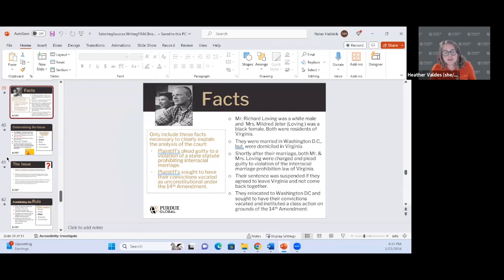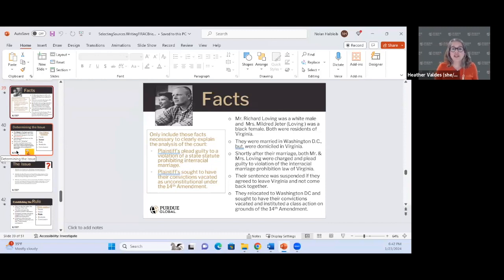They later appealed, got their sentence suspended, but only if they agreed to leave Virginia and not come back. They relocated to Washington and sought to have their convictions vacated. Then they instituted class actions on the grounds of the 14th Amendment, and that is the case that the court decided here. So this is a short summary of what happened that led up to the case.